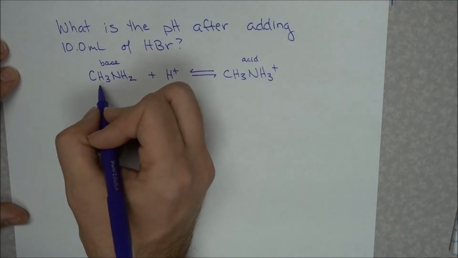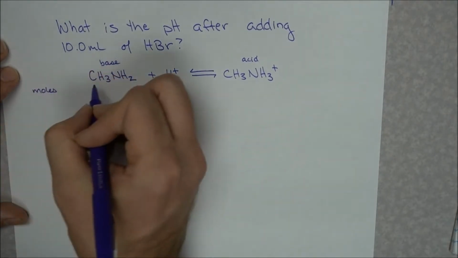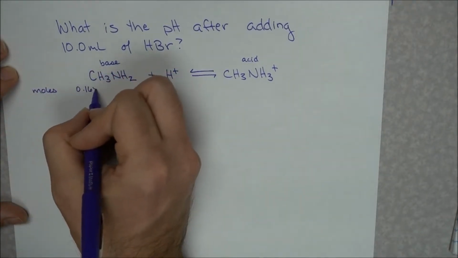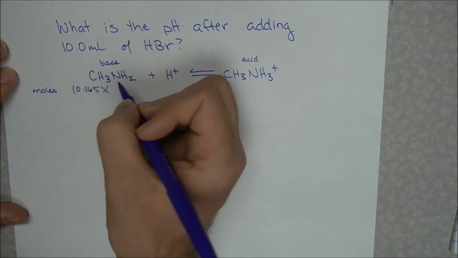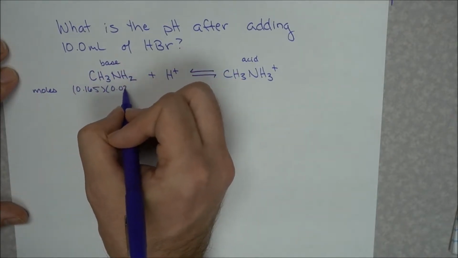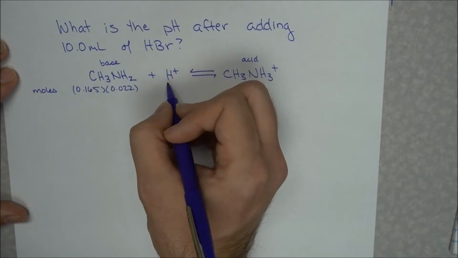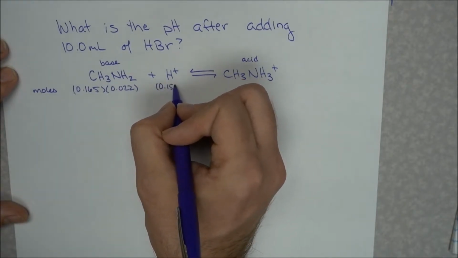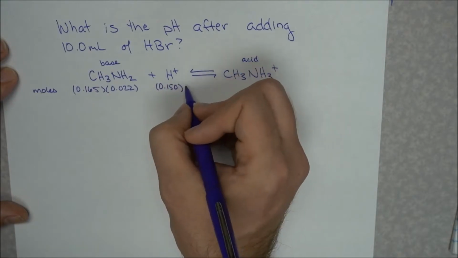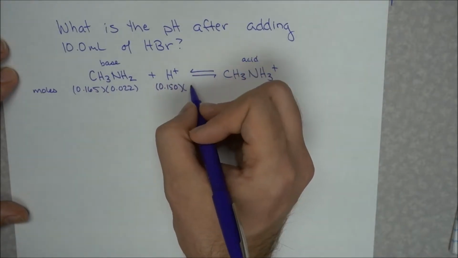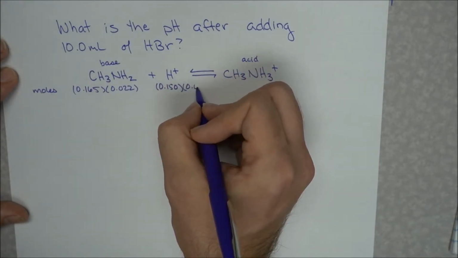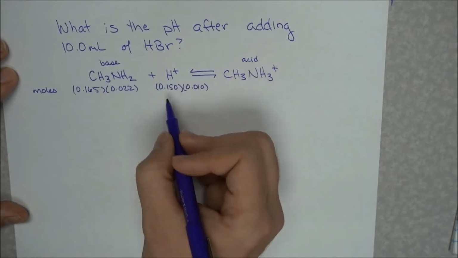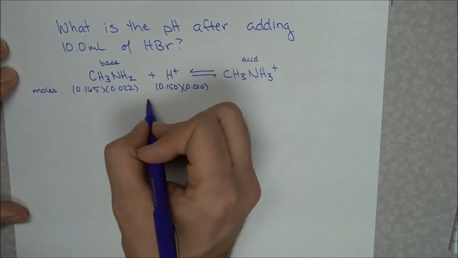In terms of moles, we are starting with a 0.165 molar solution of this, and we've got 22 milliliters of it, and we're adding a 0.15 molar solution of HBr, and we're adding 10 mils of it, 0.010 liters. Okay, this is in lesser amount, so it's all going to react.